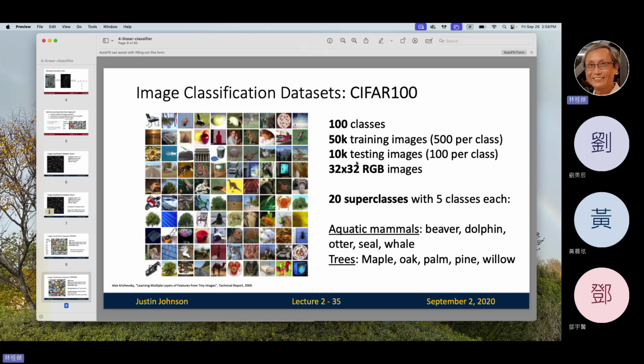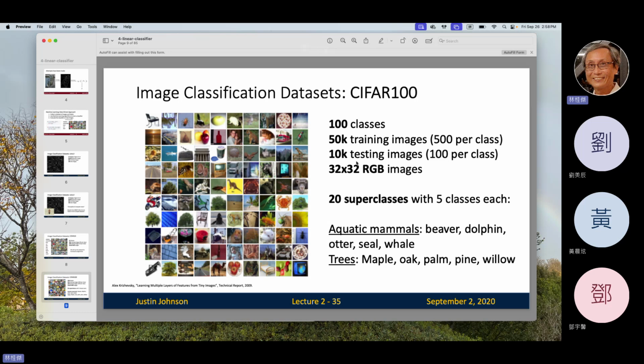Later, the data set was expanded to be CIFAR 100, and in this one we expanded to have a total of 100 different classes, including human, car, building, and such. The image size for each specific one is still the same.